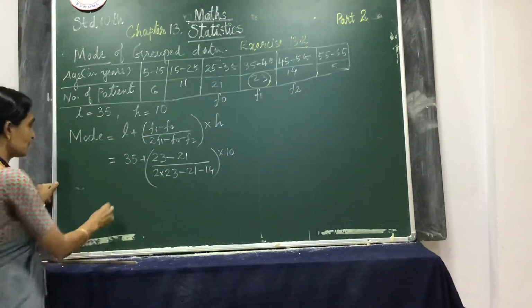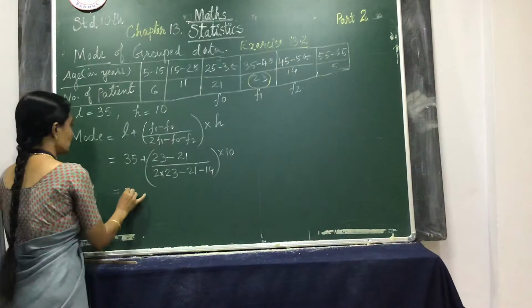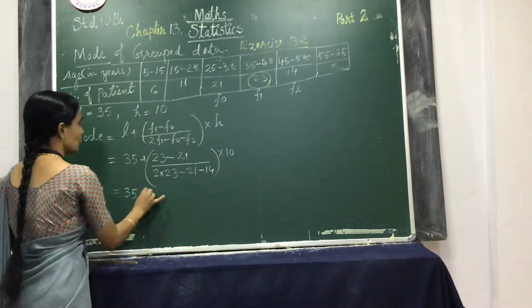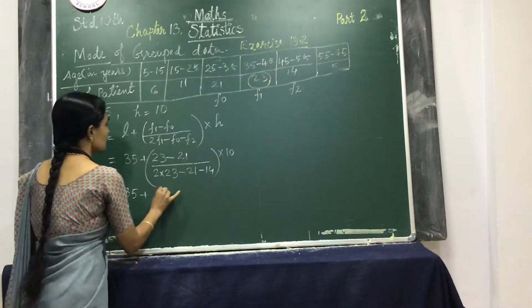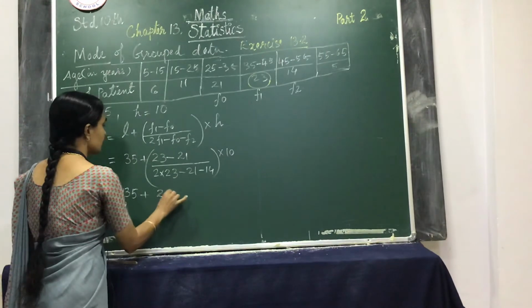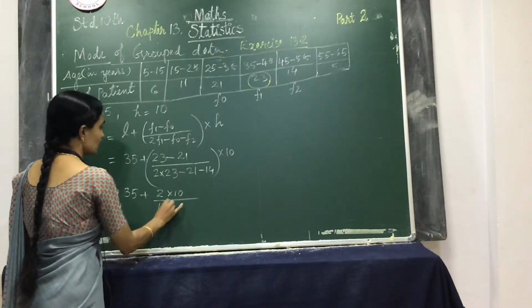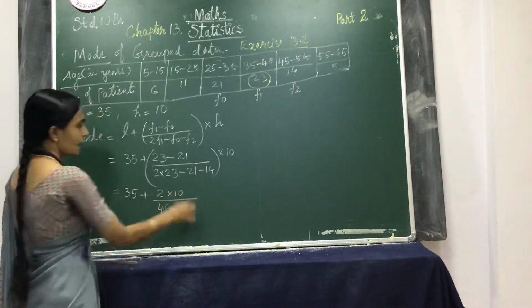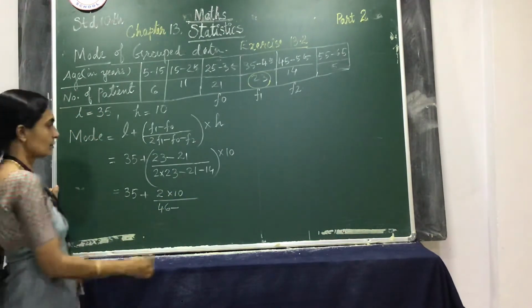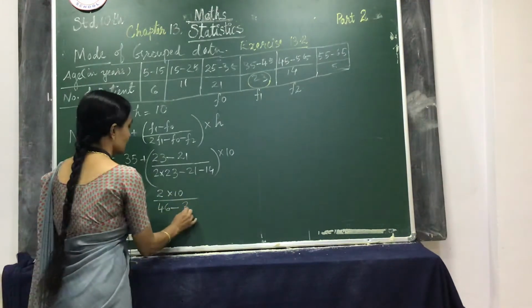So 35 plus, inside the bracket we have to solve: 23 minus 21 is 2, and the 10 we can take inside. By 2 twenty-threes are 46, minus, adding two negative numbers, we have 35.